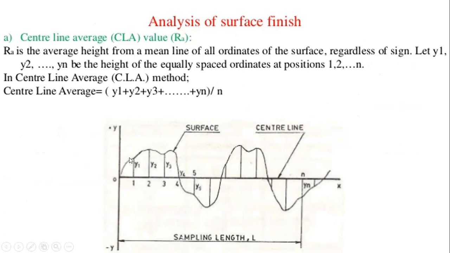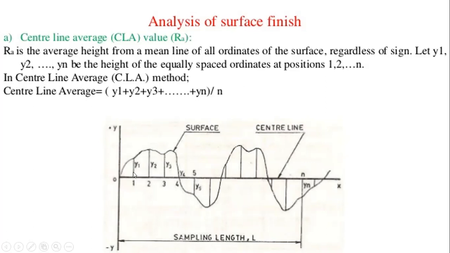It is taken as y1, y2. So we are taking any points. H1, H2, H3 or y1, y2, y3 be the heights of the equally spaced ordinates at positions 1 and 2. So these are the equally spaced ordinates. In the center line average method, the center line average is taken as y1 plus y2 plus y3, these are the three ordinates in the specified area, and plus yn by n, where n is the number of ordinates taken.